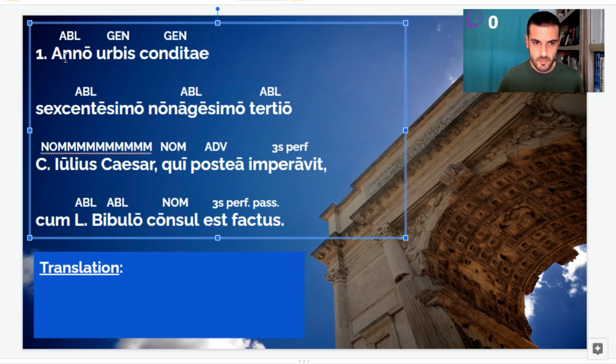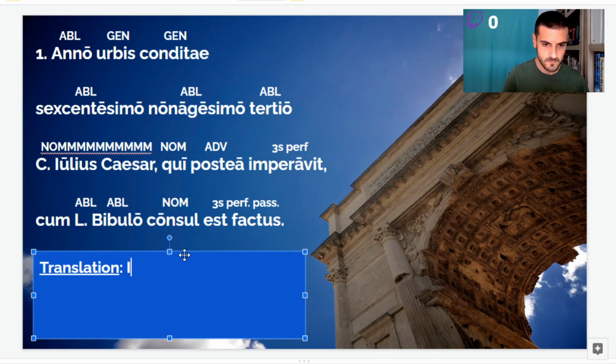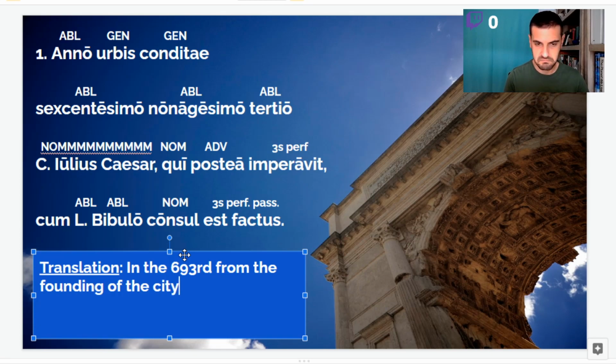Okay. So in the sexcentesimo nonagesimo tertio, in the 693rd year, I would always just say from the founding of the city. There are a couple different ways, in the 693rd year of the founded city, whatever floats your boat.